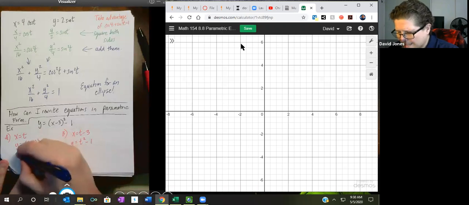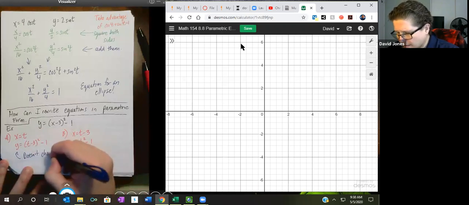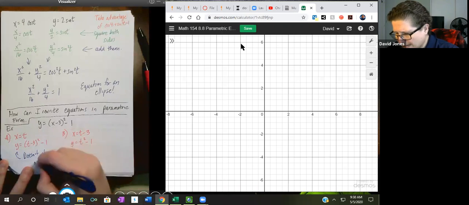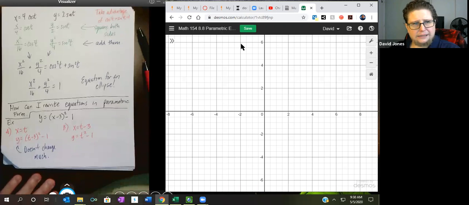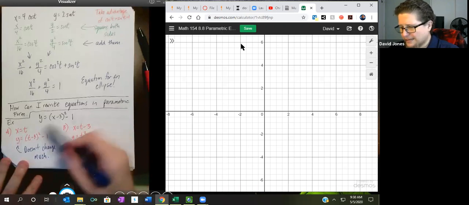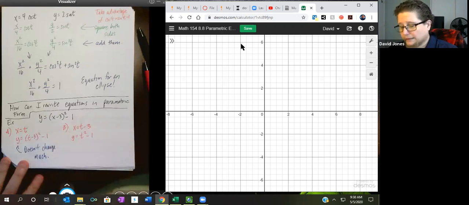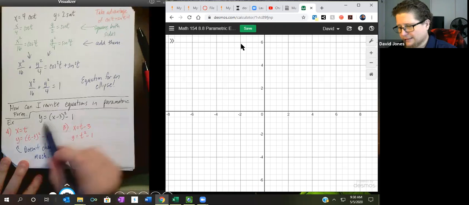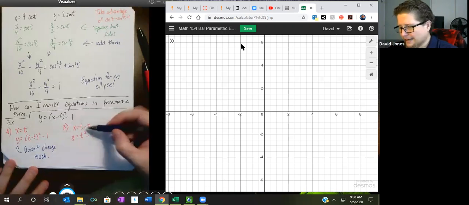This one doesn't change much. In fact, it actually looks like more work to track, doesn't it? This looks identical to the other one other than x and t, but now I have to track t and then x and y. Here, I just plugged in an x and I got a y. Here, I can plug in t and x and y are pretty easily, quickly solved.